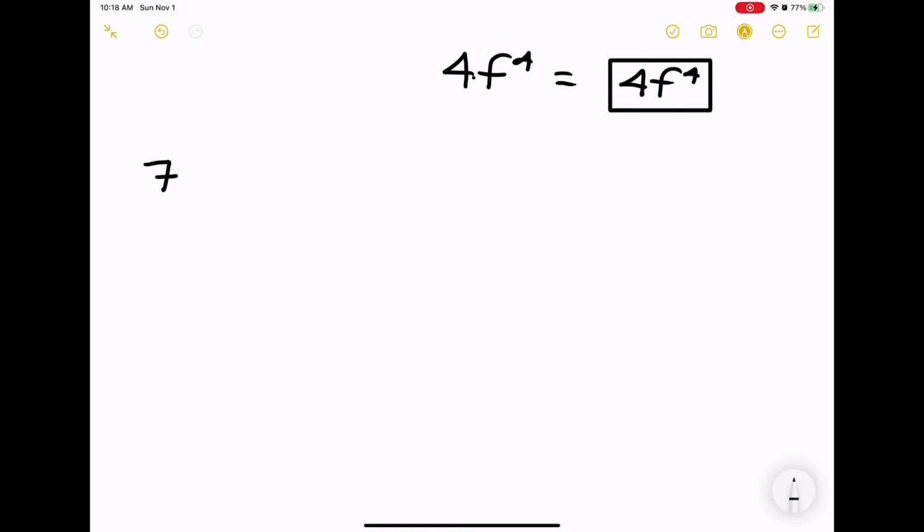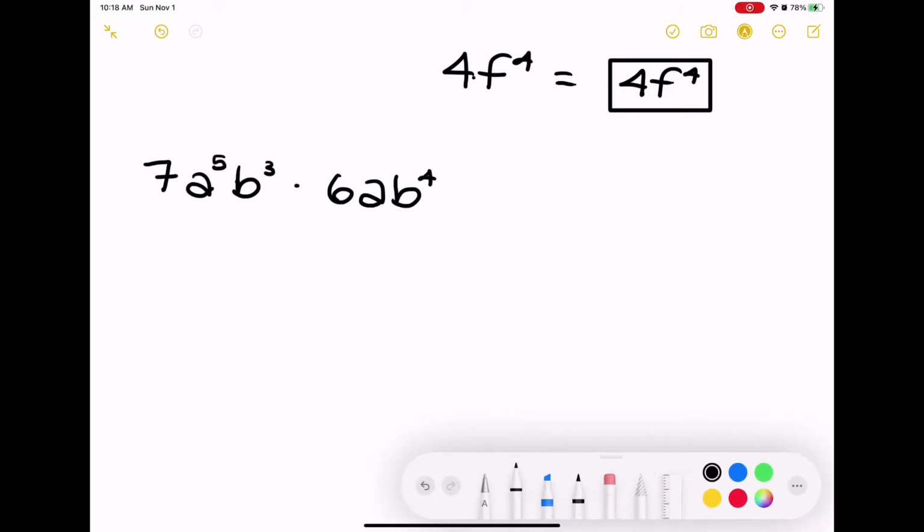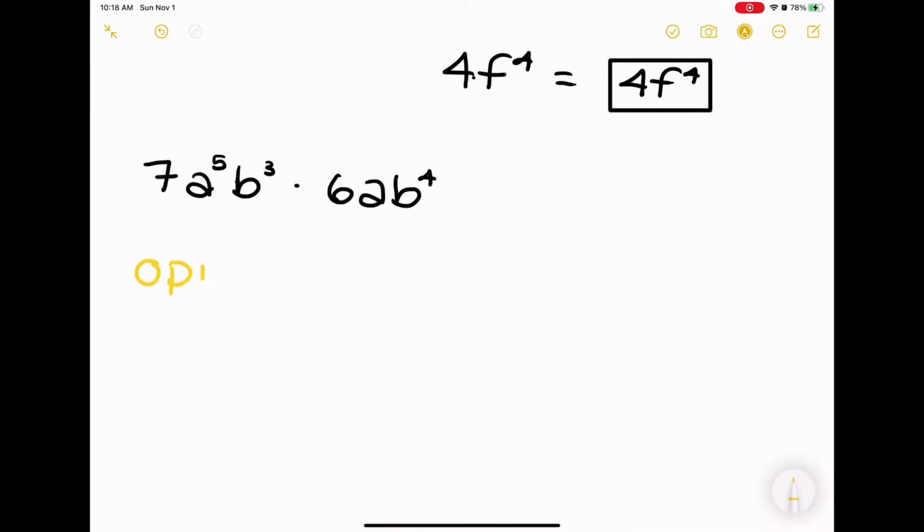So now let's go on to multiplying polynomials. Let's say we have 7a to the 5th b to the 3rd times 6ab to the 4th. So we know when we're dividing polynomials, we subtract. And what's the opposite of multiplication?